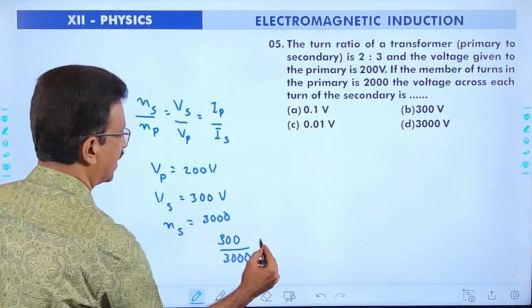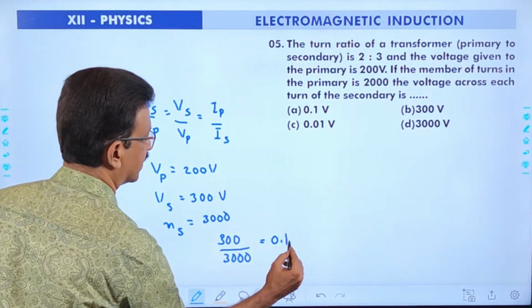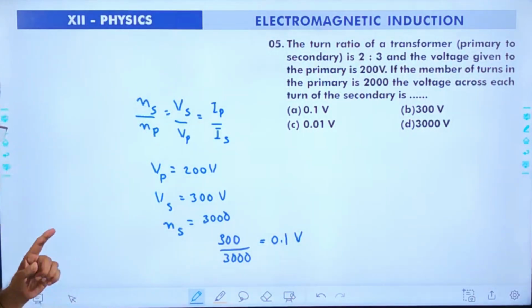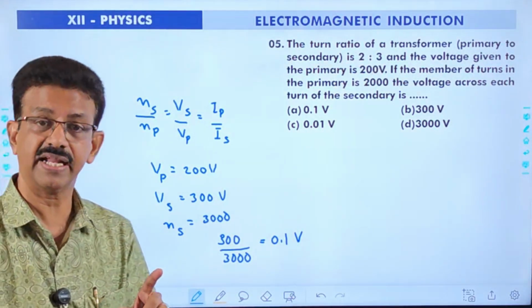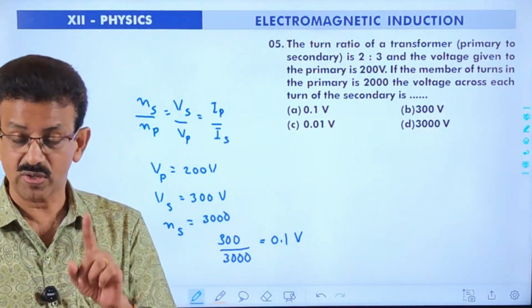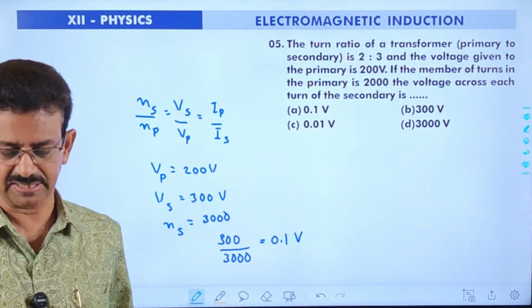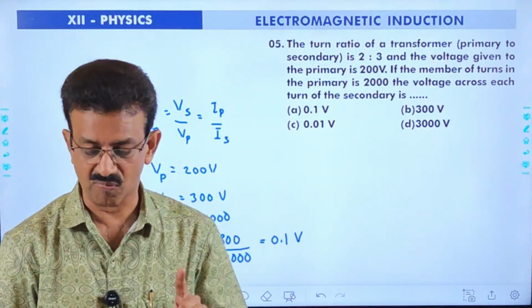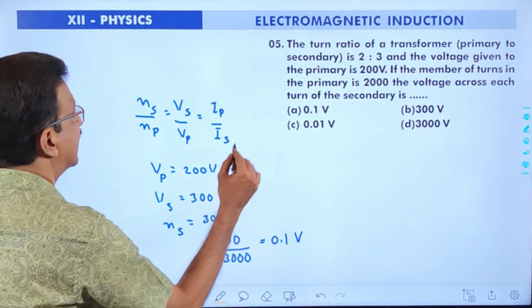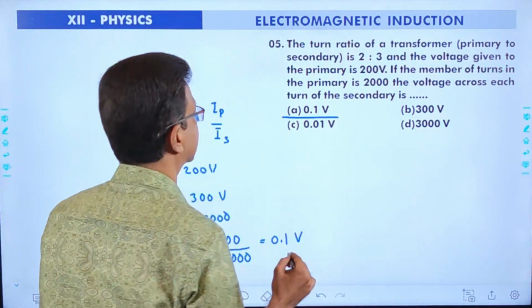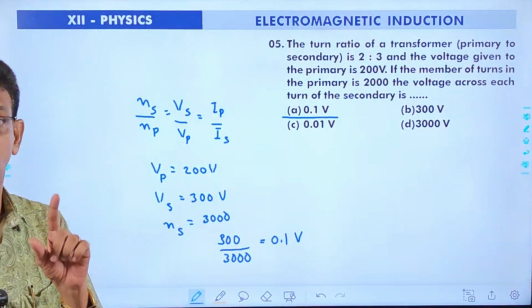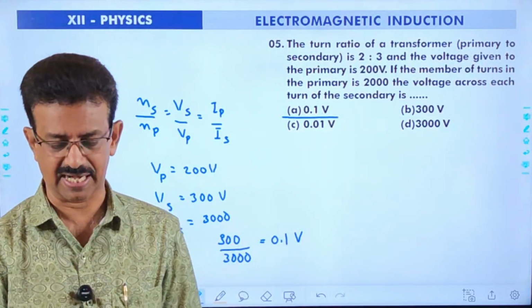That is 0.1 volt. Total voltage across the secondary is 300 volt, but voltage across each turn of the secondary is 0.1 volt. That is, A choice is the correct answer. 0.1 volt, the voltage across each turn of the secondary.